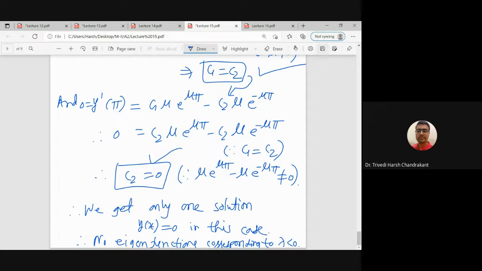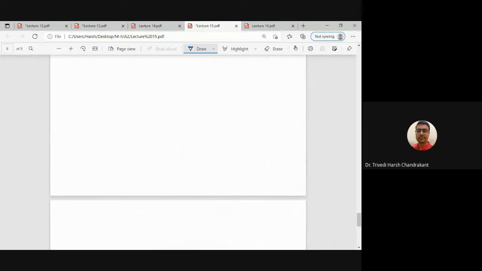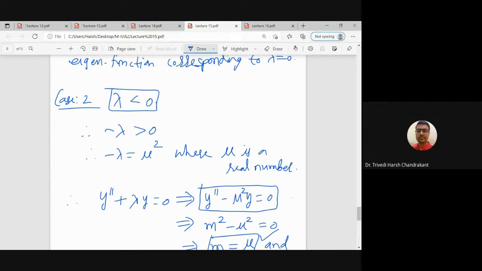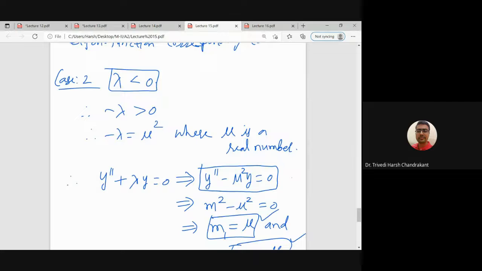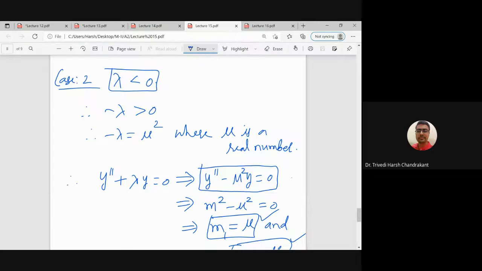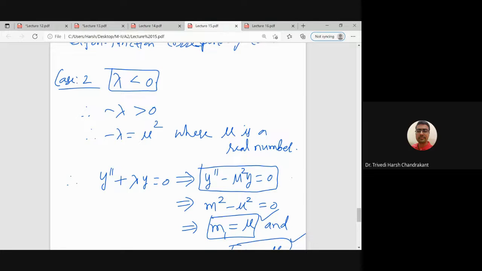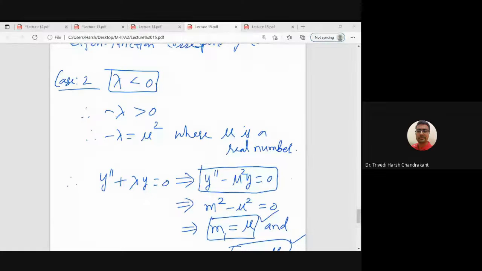So if lambda is less than 0, there is no eigenfunction. For lambda equal to 0, we have got one eigenfunction. And the third case is remaining, for lambda positive, so maybe you can try it yourself. We will complete that part tomorrow.